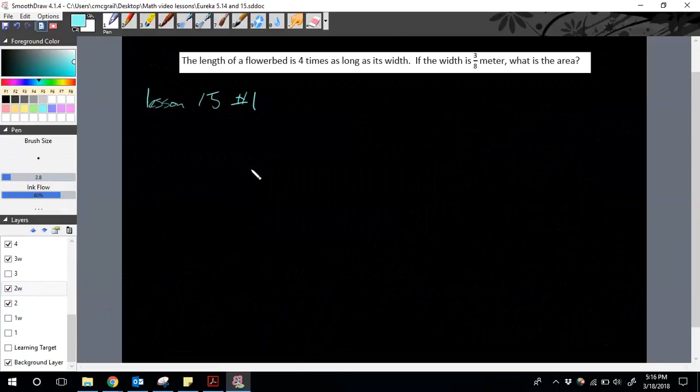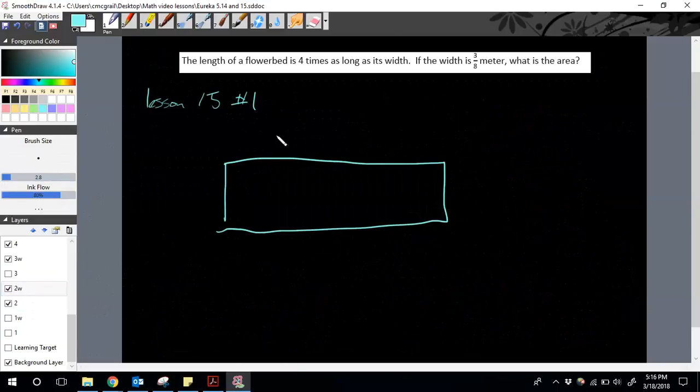So let's draw a picture here. If the length of a flower bed is 4 times as long, so the width here will be 3/8 of a meter. So this is 4 times bigger. So it's going to be 4 times 3/8 of a meter. When I multiply that out, I get 4 times 3 is 12, 12/8, which reduces to 3 halves.